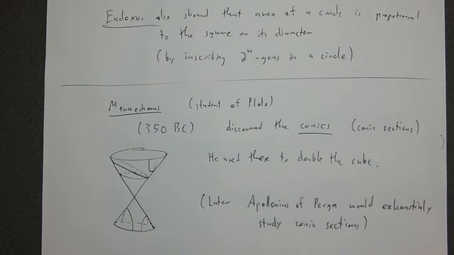So by the time of Apollonius, basically from Apollonius to the next great mathematician was a gap of at least 500 to 600 years of essentially nothing new being done.